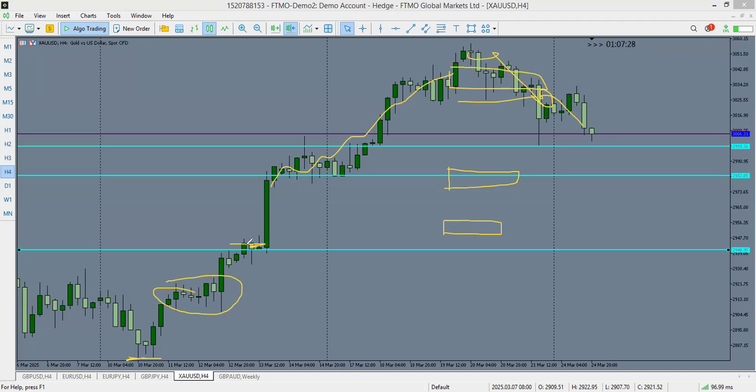Even if the first take profit is lower, so if this is 100 pips down here, and this first one here is maybe 50 or 40, as long as it's able to hit these other levels here, then you are good to go.